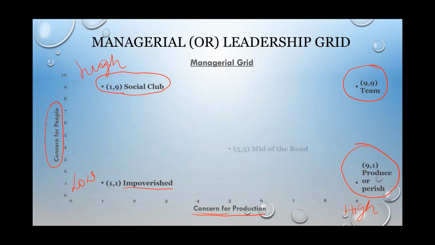And there is one more style which is called middle of the road. Middle of the road is in the middle, and this kind of leader tries to have a balance between concern for production and concern for people. These leaders try to reach the team style stage, and meanwhile they try to manage the production and the followers' well-being as well.